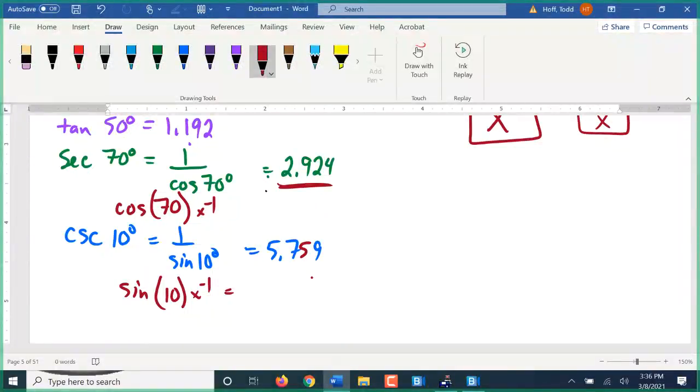On your calculator, it should be like just above the numbers, kind of to the left side, I believe. No, this one.